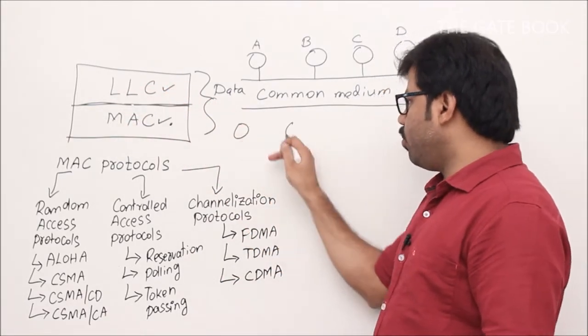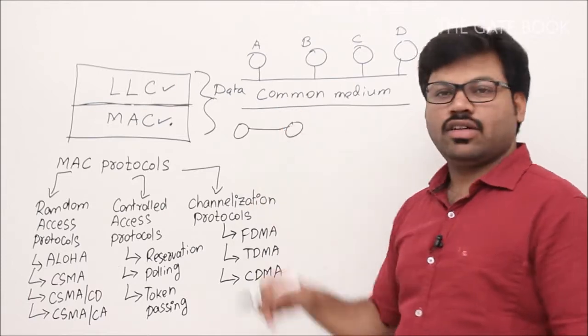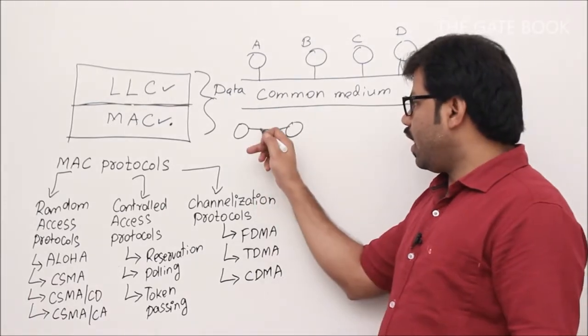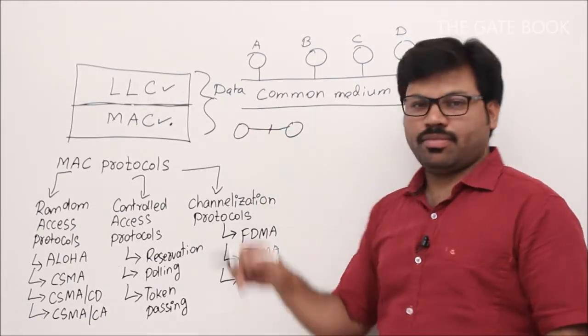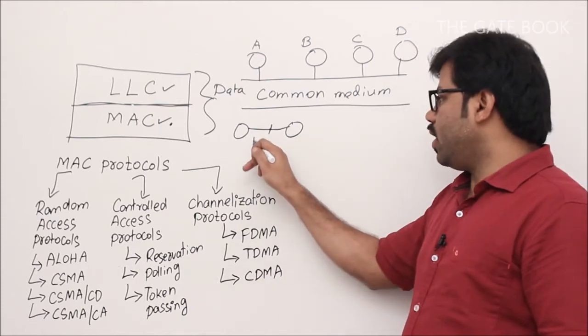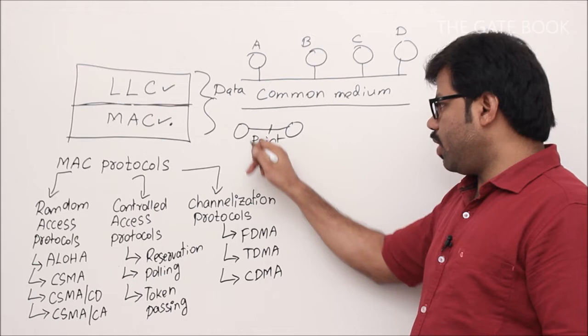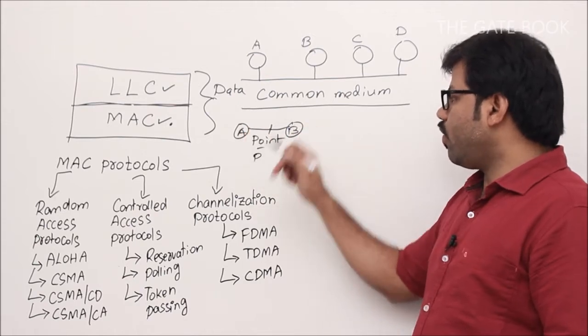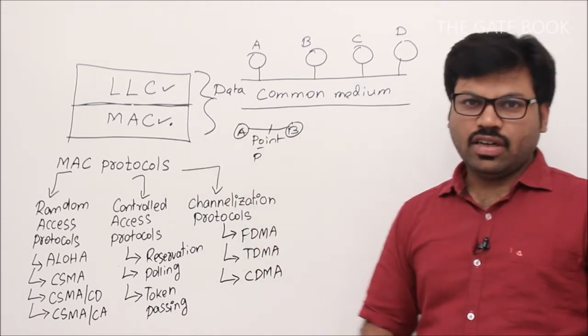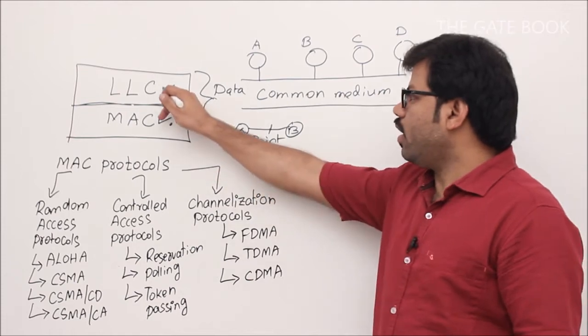Example, let's say you have two computers which are directly connected. That means they don't have a shared medium. This is called a point to point link. When you have a point to point link between two computers, they don't require any MAC protocols, right? They require only LLC protocols.